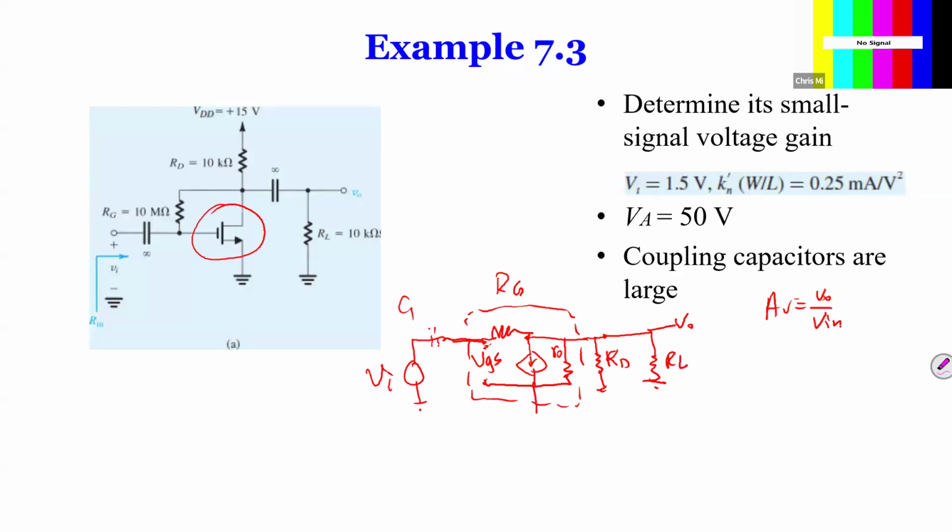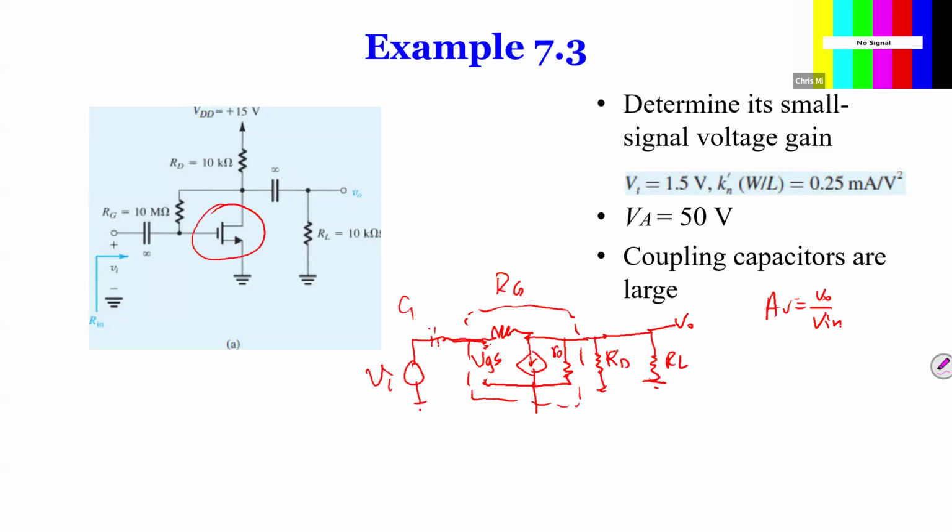Now, in this problem, the complexity comes from where? Is this. If we didn't have this one, it was easy because we have VO equal to just this current times the three in parallel, right? But now you've got this resistor here, so this current actually flows not only here, but also here.